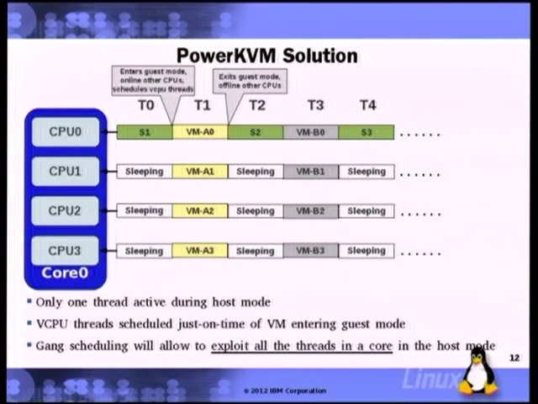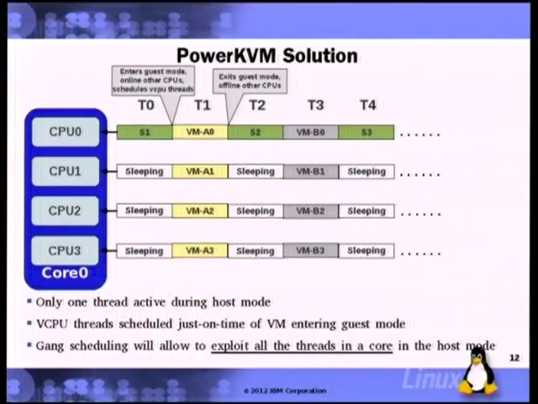Whenever I'm scheduling a vCPU thread and it's entering the guest mode, just before that the other cores are brought online and scheduled with the vCPU threads, and they also need to enter at the same time and exit at the same time. The same thing happens when an exit happens.